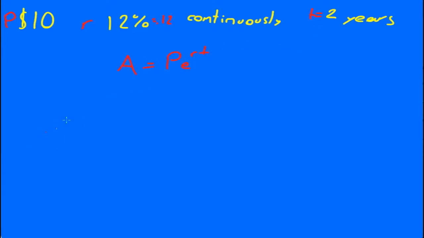So just plug it into your formula. A equals 10 e to the 0.12 times 2, which is equal to, plug it into your calculators, and you'll get 12.71. There you go. It's as easy as that.